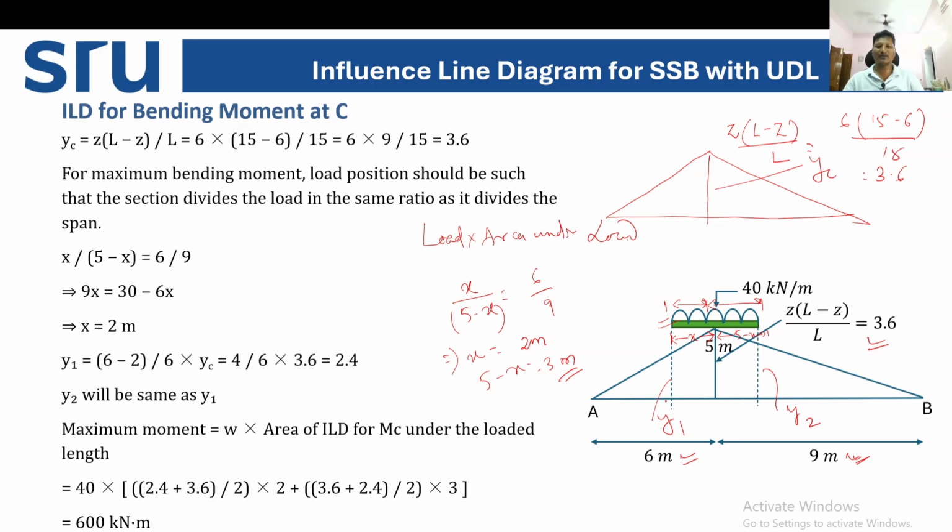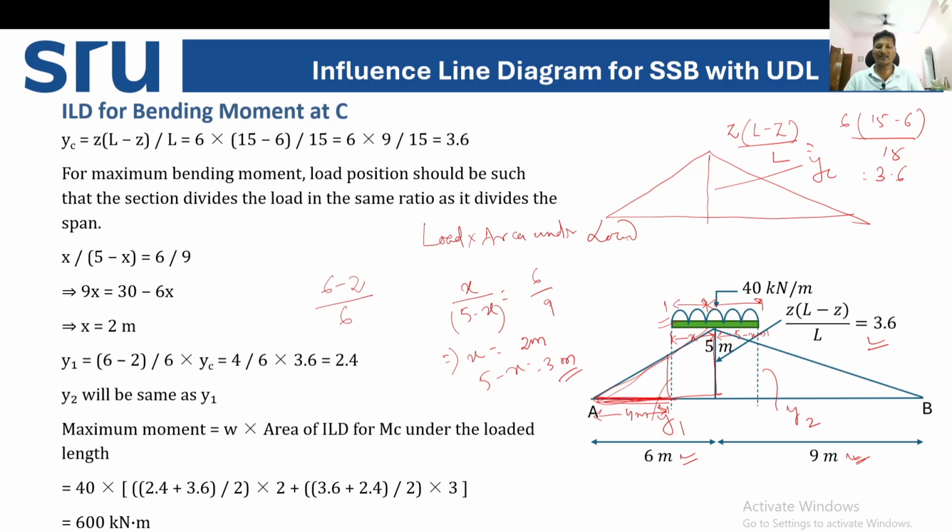How to calculate Y1? This is a similar triangle we have to consider. This is the bigger triangle and this is the smaller triangle. If we compare them, it will be 6 minus 2, because x is 2. So 6 minus 2 is this length, which is 4 meter, divided by 6.